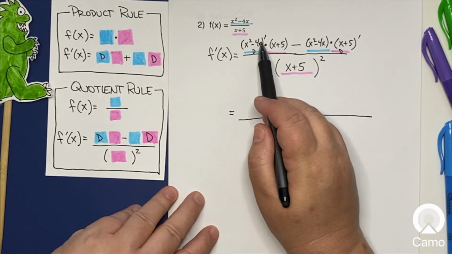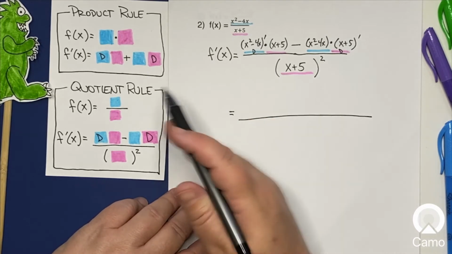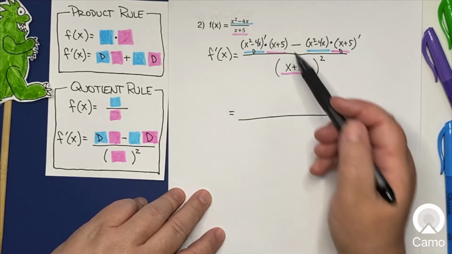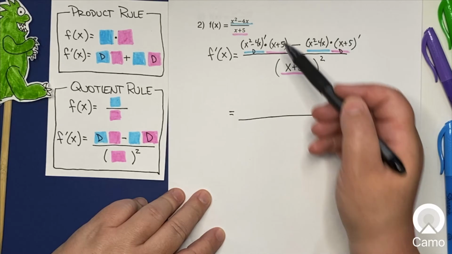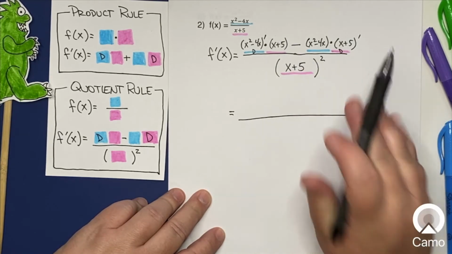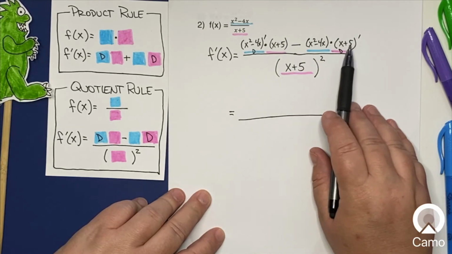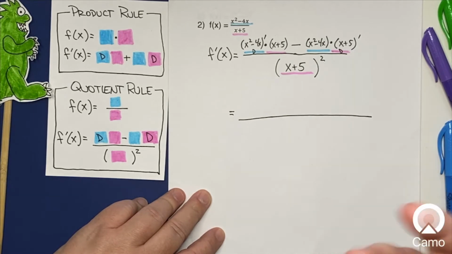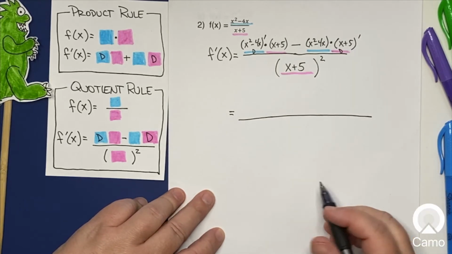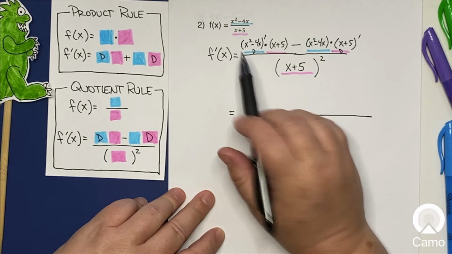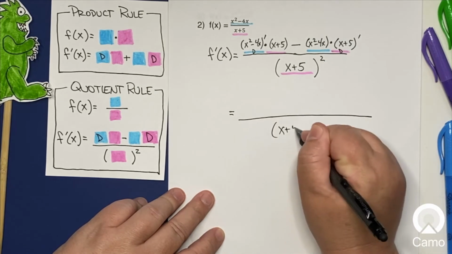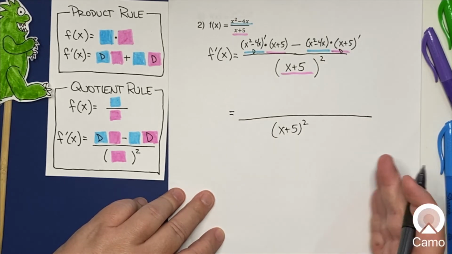Piece by piece, I'm not going to try to be slick and go through it. Also, you'll notice that your brain is seeing the x plus 5s and wanting to cancel them. Don't do it, because this is the derivative of x plus 5, so it's not a complete x plus 5. It won't reduce the way you expect it to. So, x plus 5 in the denominator, we're stuck with it.